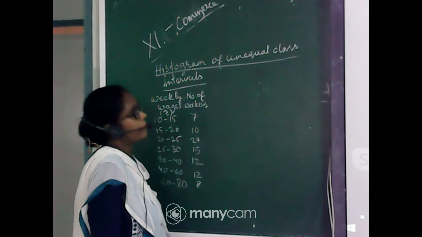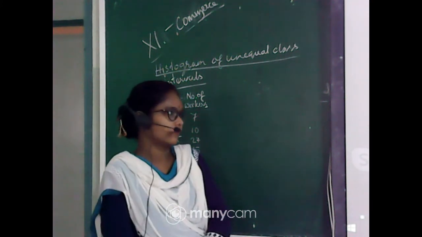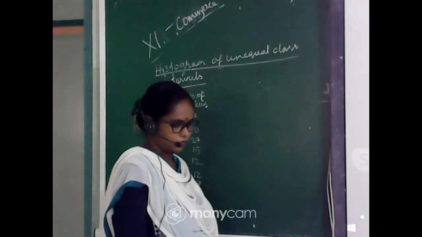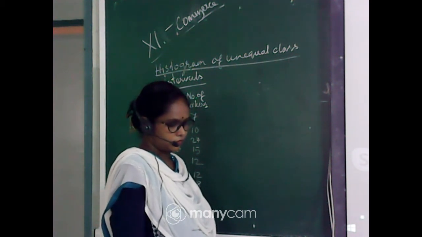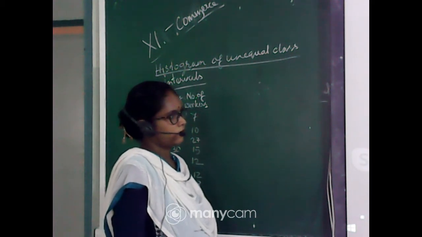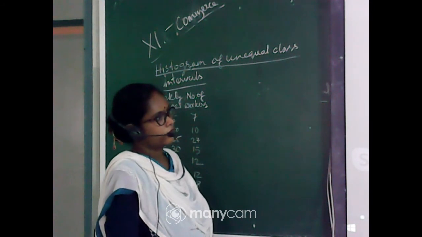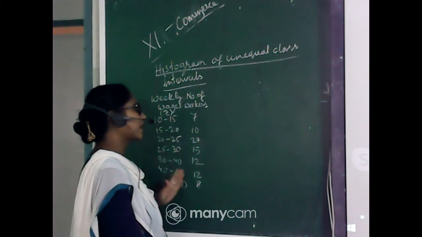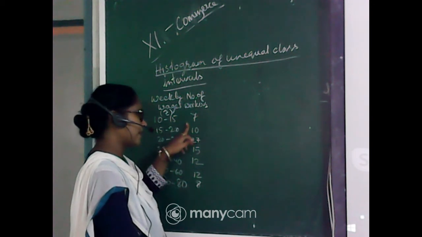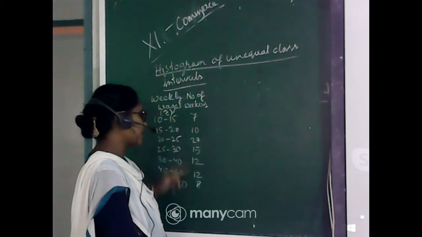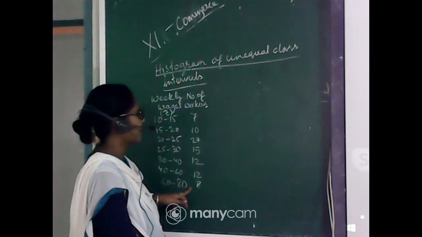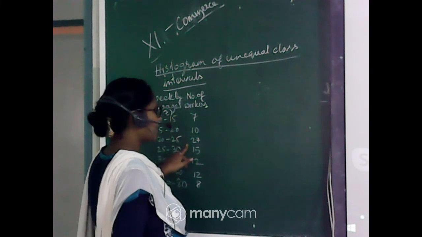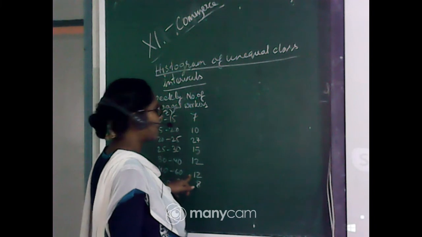Do fast. Next, in the next column write number of workers: 7, 10, 27, 15, 12, 12, 8. I repeat, under number of workers write down 7, 10, 27, 15, 12, 12, 8.